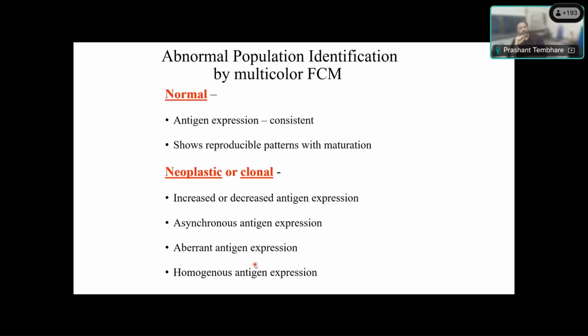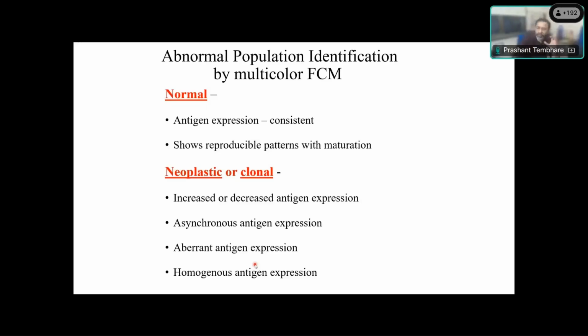Aberrant antigen expression means the antigen is not supposed to be present, but it is present. That is aberrant. And homogeneous expression: some antigens have variable or heterogeneous expression, but it loses its heterogeneity and becomes homogeneous expression. That is also called abnormal.